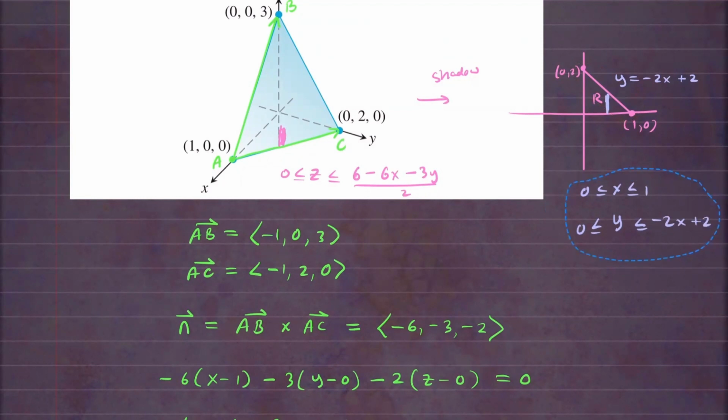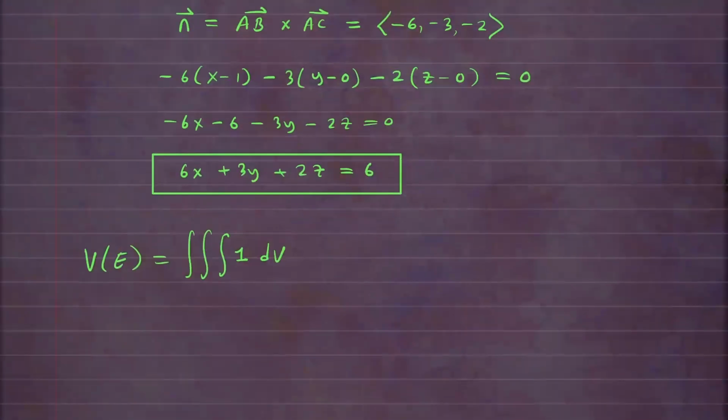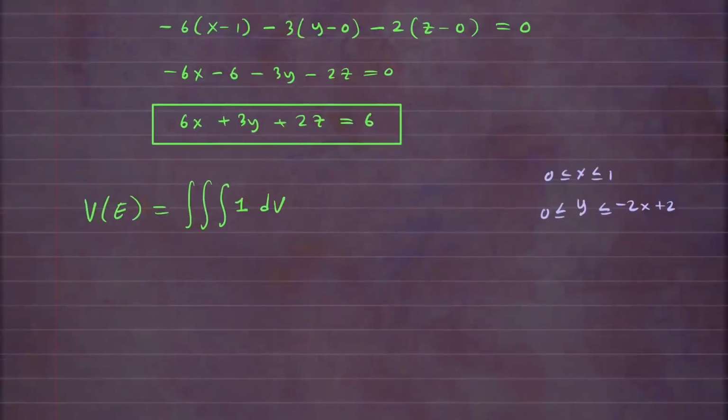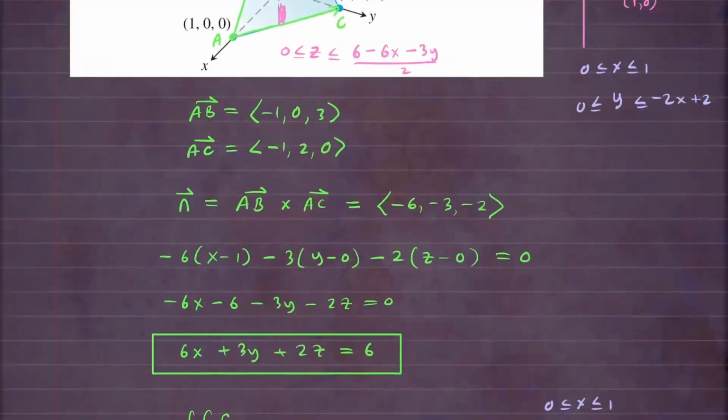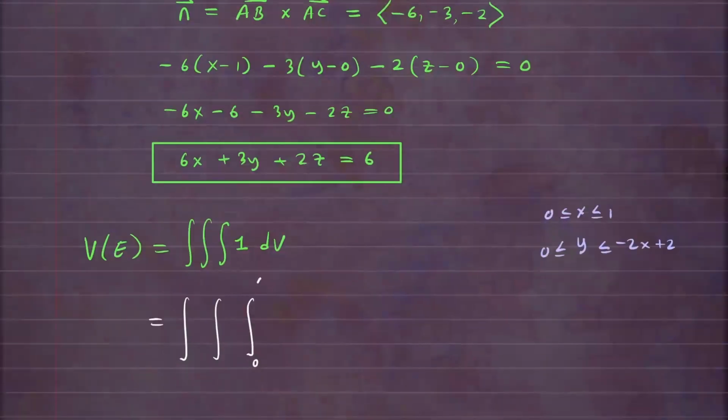So our inner integral will go from z values from z bottom to z top. And our outer two integrals are going to be along y first and then along x. So we're going to set it up this way. So here we have the triple integral. z bottom is 0. z top was this right here, 6 minus 6x minus 3y, divided by 2.